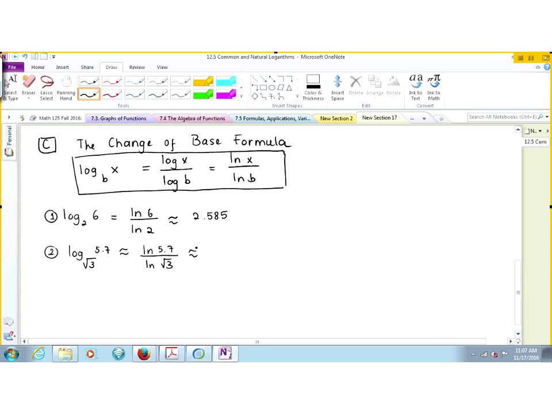This is just a number. So ln 5.7 divided by ln square root of 3 is approximately 3.168.